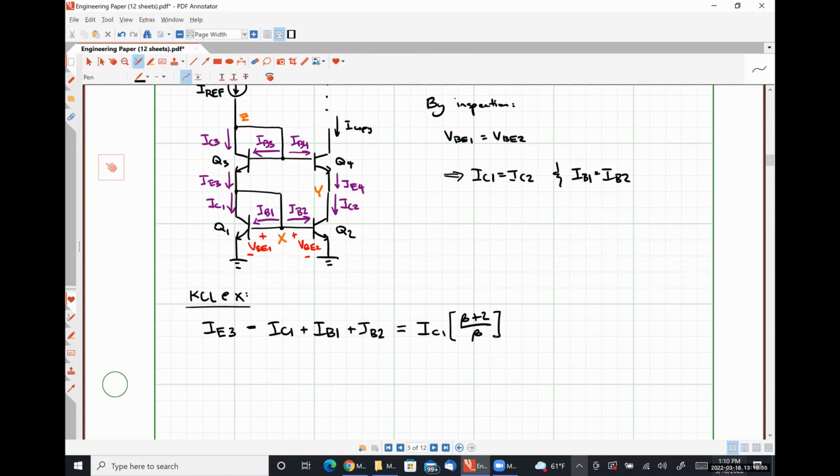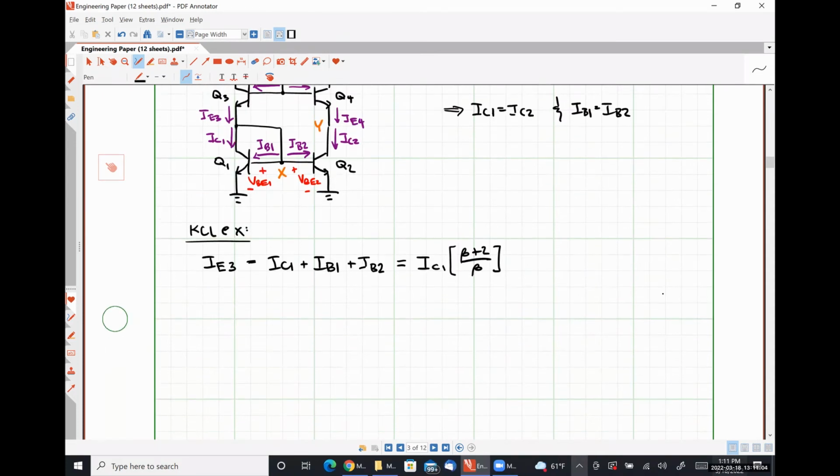All right, now we're going to apply KCL at node Y. This one's fairly straightforward. IE4 is equal to IC2.